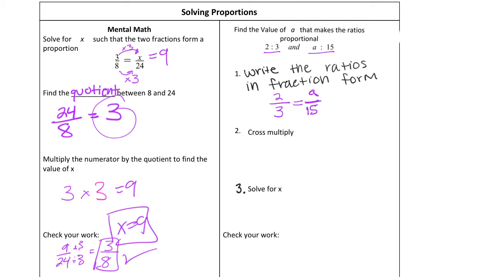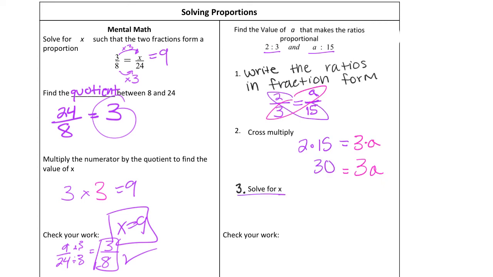Before we didn't know whether or not they are equal, but now we do know that because that's how we're setting it up. Then I'm going to cross multiply. 2 times 15 is equal to 3 times a. 3 times a is 3a, and 2 times 15 is 30.